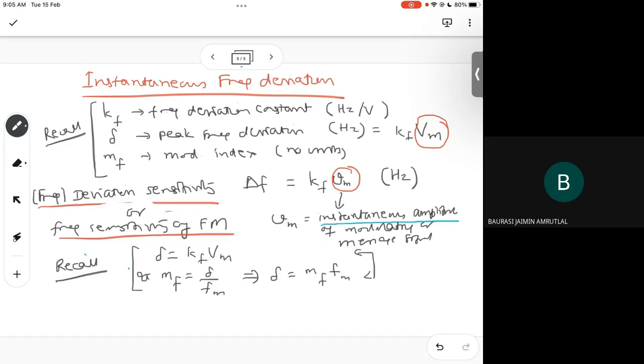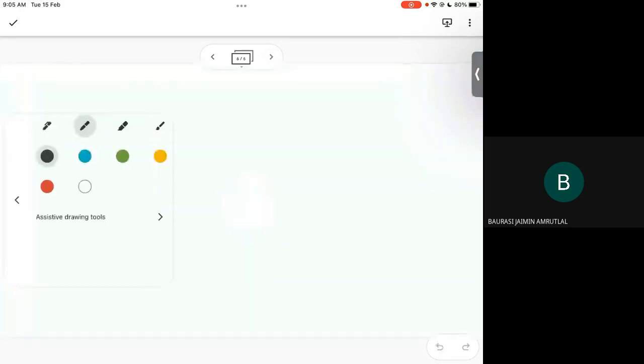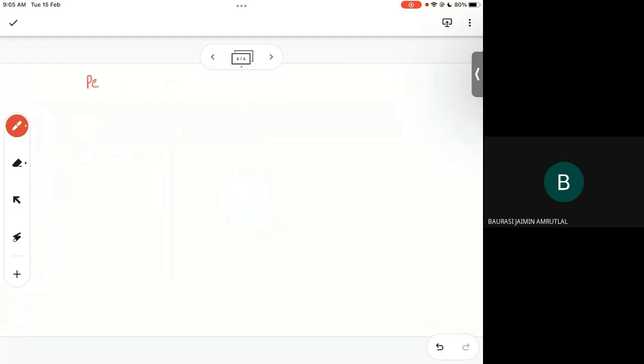Now, just like we have the percentage of modulation in AM, which was very simple: whatever modulation index you got, multiplied by 100, gives you the percentage modulation in AM. But what is the percentage modulation in FM? It is slightly different.